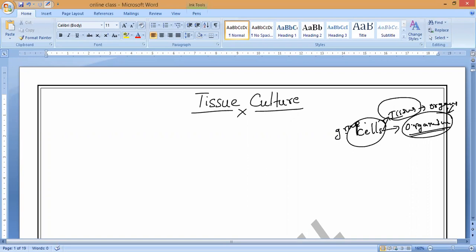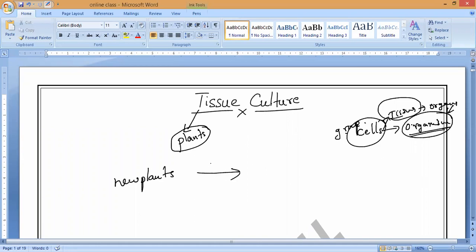Now, what do you mean by tissue culture? This is related only to plants. Understood? Tissue culture means we can get new plants from a small piece of plant tissue. That's all.